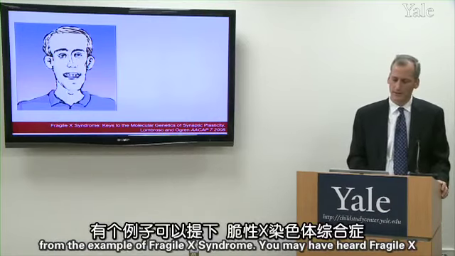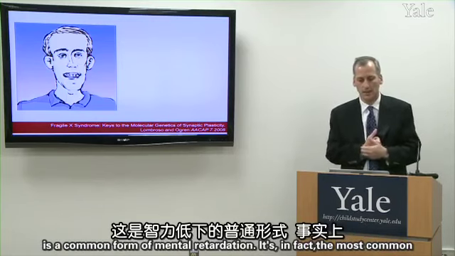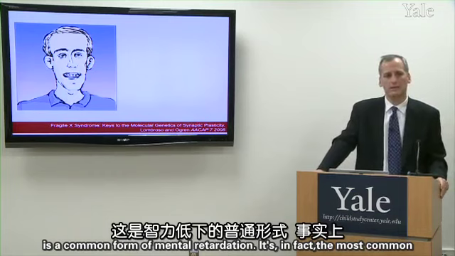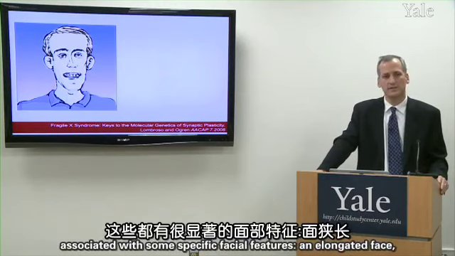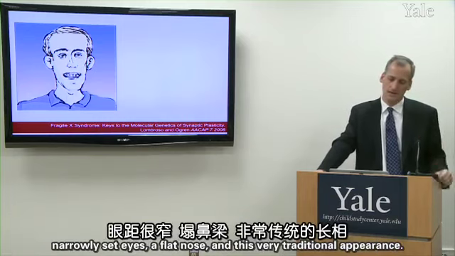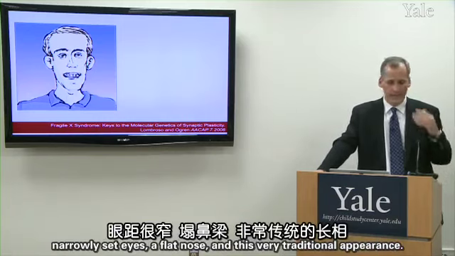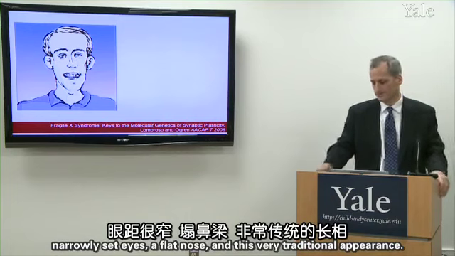one of them comes from the example of Fragile X syndrome. You may have heard Fragile X is a common form of mental retardation. It's in fact the most common form of inherited syndrome of mental retardation. And we know that it's associated with some specific facial features: an elongated face, narrowly set eyes, a flattened nose, and this very traditional appearance.